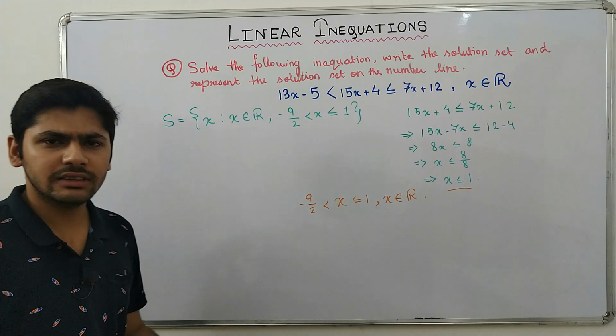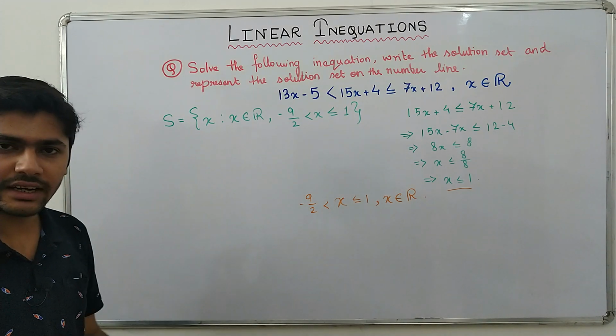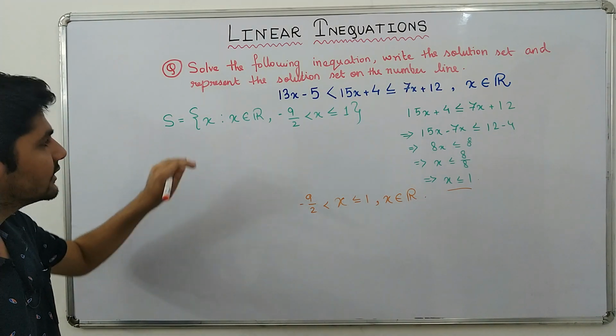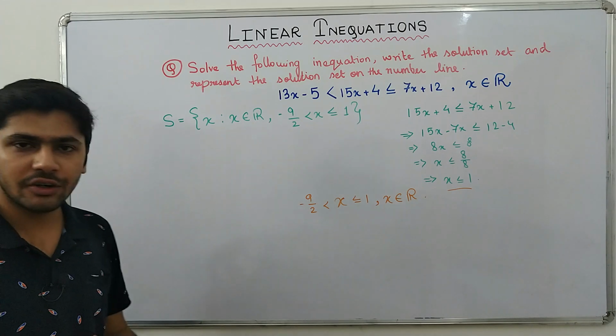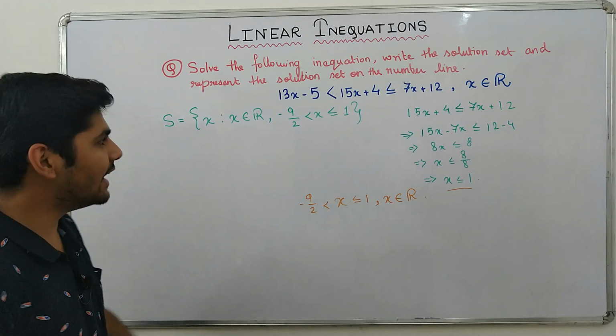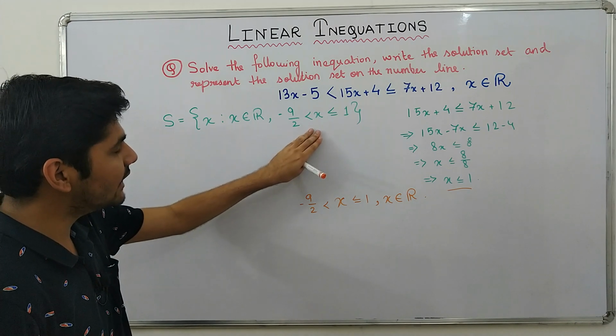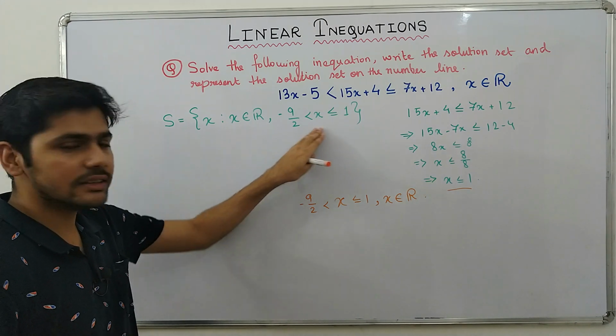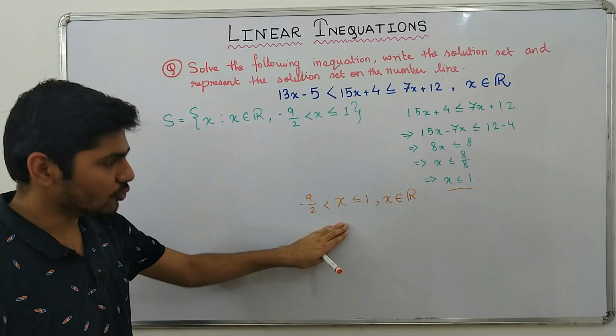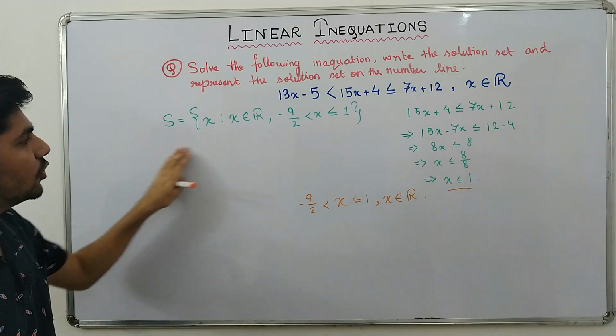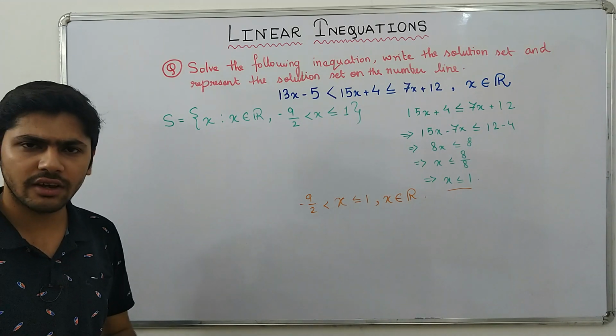So how to write the solution set? S, that is solution set, is equal to x such that x belongs to R, because we know that x belongs to real number, and minus 9 by 2 is less than x less than equal to 1, because we found this particular solution. So this is the solution set. Very, very simple over here also.